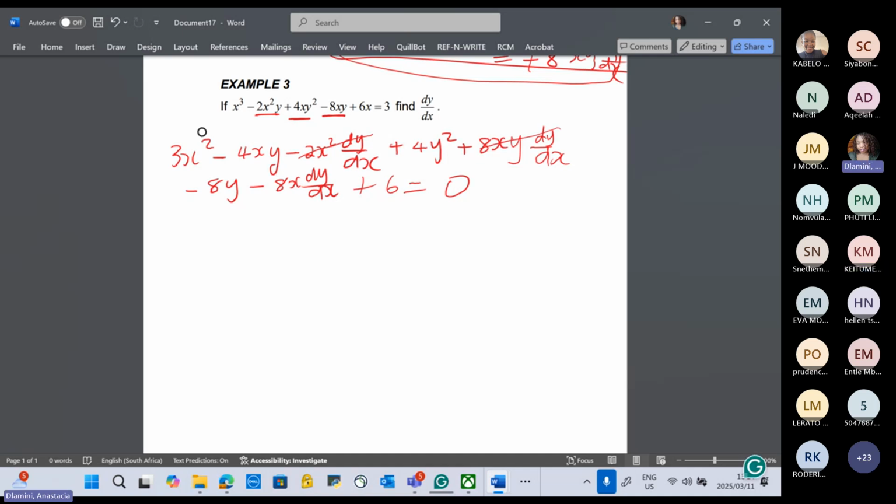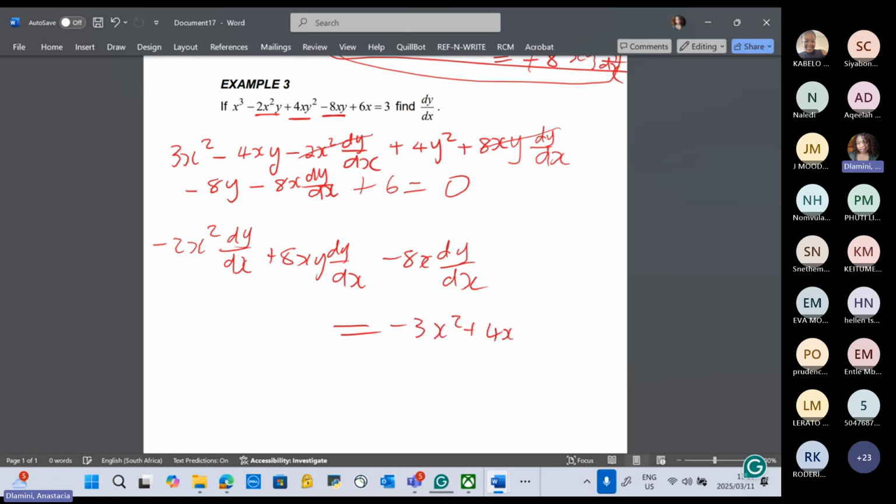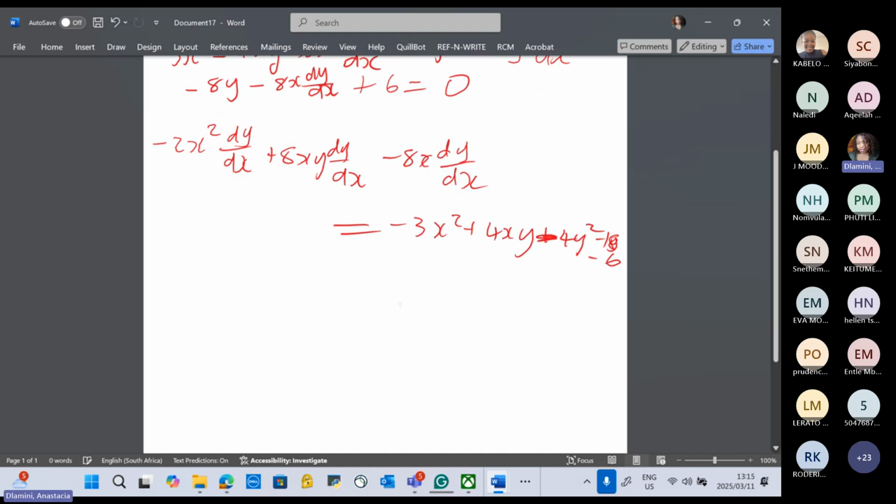Where were we? Okay. So they said minus 2x squared dy over dx plus 8xy dy over dx minus 8x dy over dx, and everything else we take it to the left-hand side: minus 3x squared plus 4xy minus 4y squared plus 8y minus 6. Then we take out the common factor, which is dy over dx: minus 2x squared plus 8xy minus 8x.